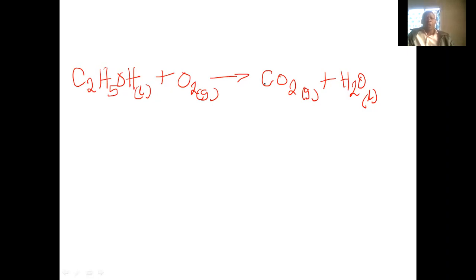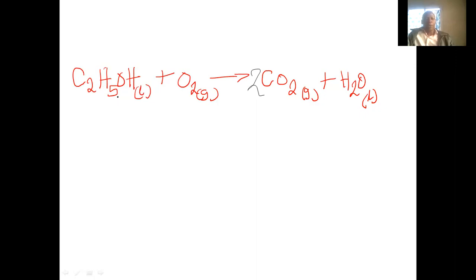And then you balance from the right side, and you notice that here there is only 1 carbon atom in carbon dioxide. And so we're going to write a 2 there for us to balance that. So now we have 2 atoms of carbon on the left side and 2 atoms of carbon on the right side.